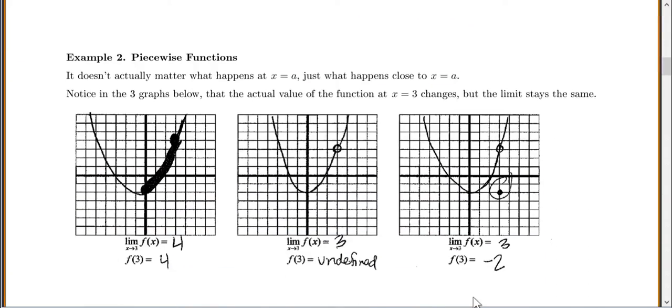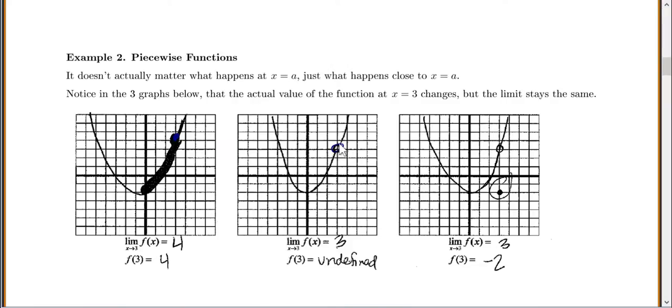So let's look at some more graphs. You might have things that are called piecewise functions, where you define your function in pieces. And when you're finding limits, it's important to know that it doesn't actually matter what's happening at your specific point, x equals a, just what happens really close to x equals a. So in these three graphs, notice here that our function is still defined at x equals 3.